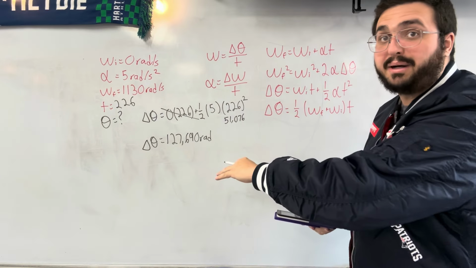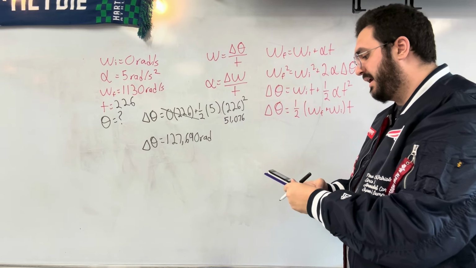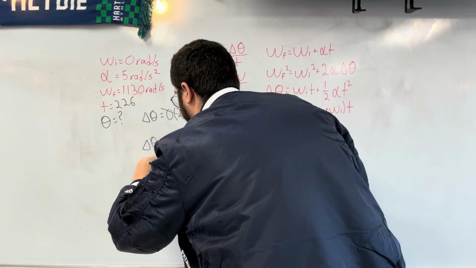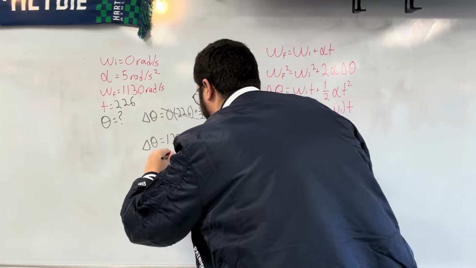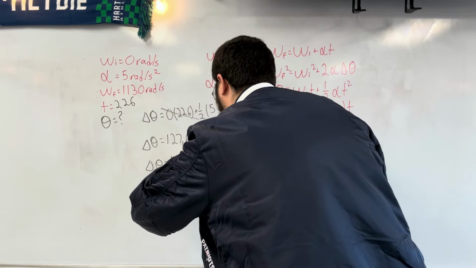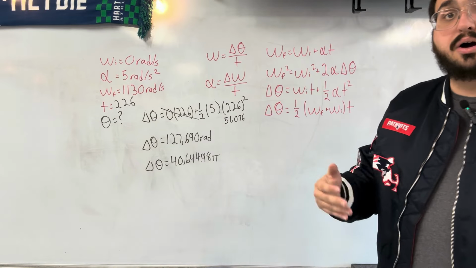Again, this is not in terms of pi. If I want to make it in terms of pi, I must divide that number by pi. And when I do that, I get an alternate answer of 40,644.98 pi. Both of those are acceptable answers.